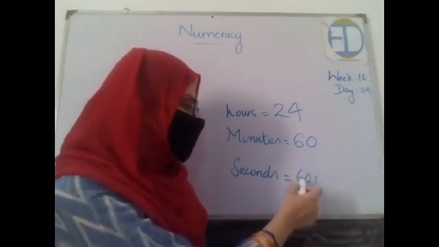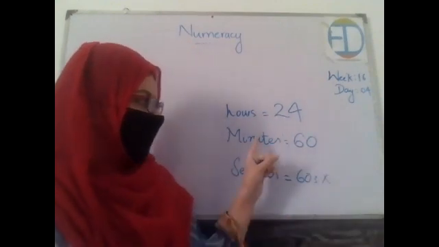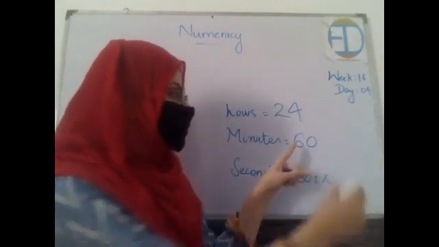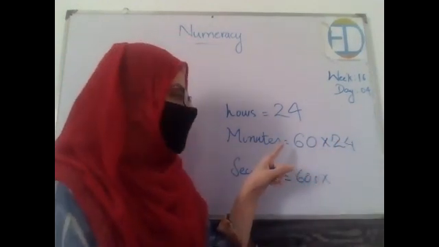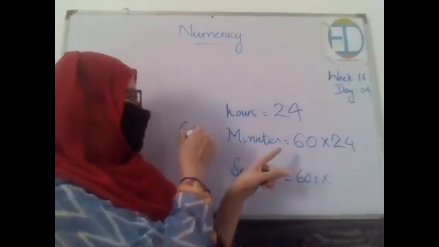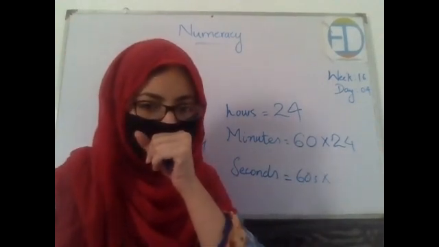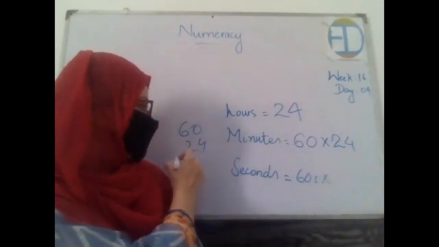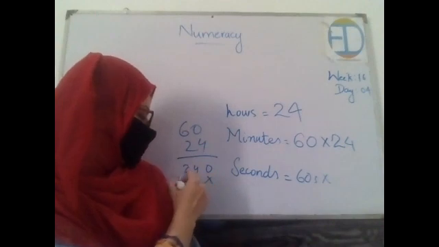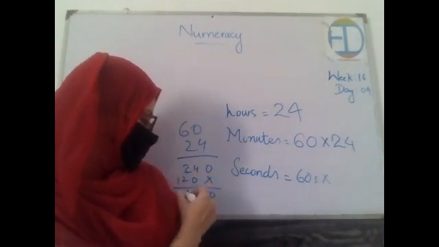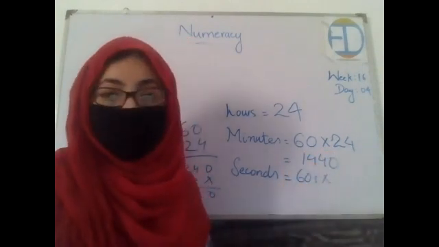Now, this means that in order to find out the minutes of a whole day, we will multiply 60 with 24, and the answer would be 1440 minutes, right?